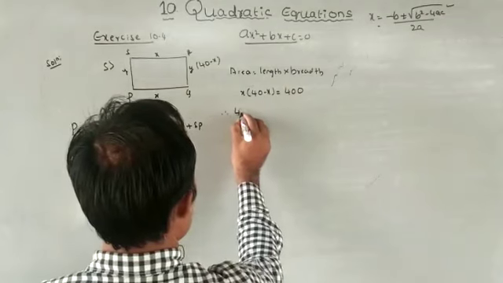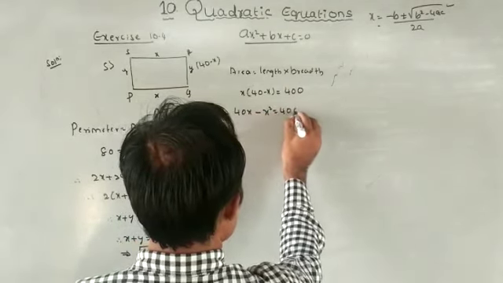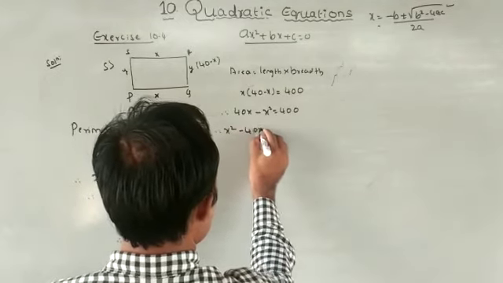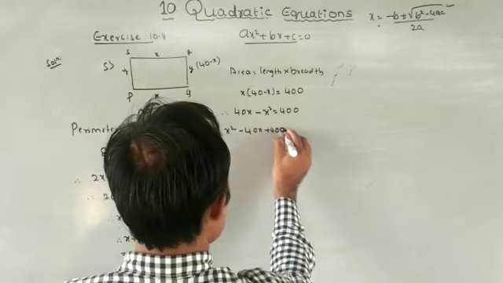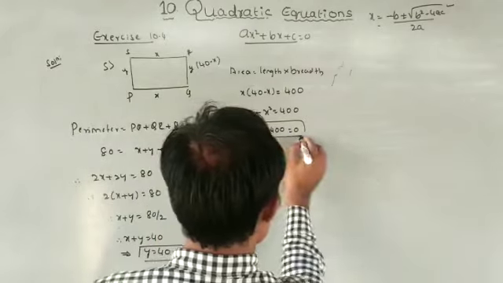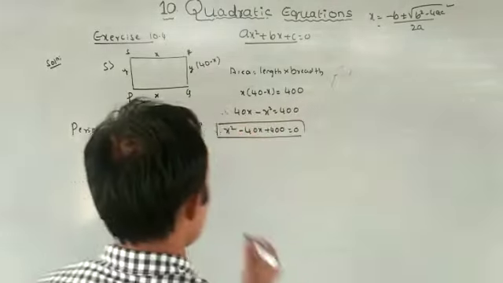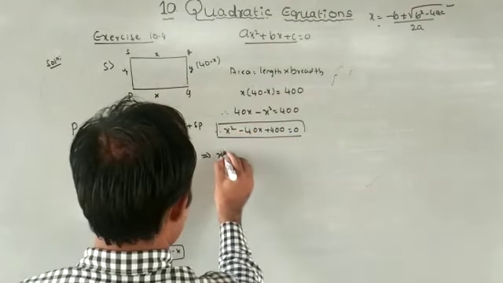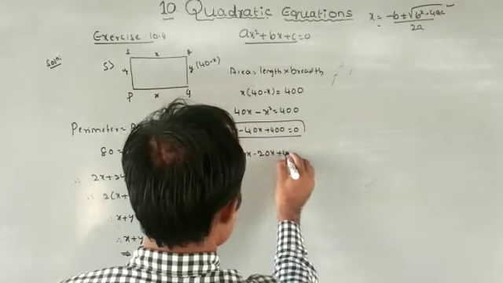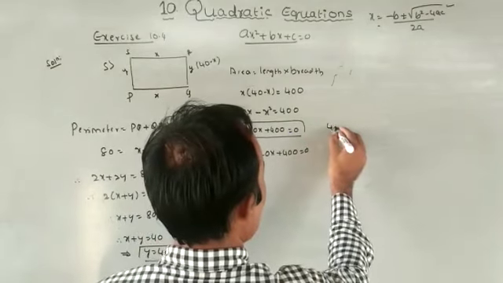Yes, simplify this. x into 16, 16x minus x square minus 64, correct? Next minus into minus plus, correct? 4x. Yes, you take this one here, no problem, is equal to 48. Therefore, minus x square plus 16x plus 4x, that is 20x, minus 64 is equal to 48.